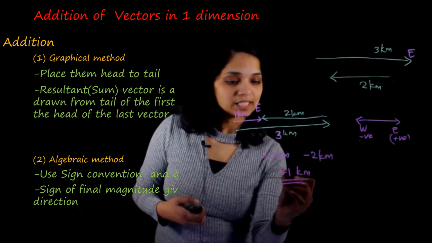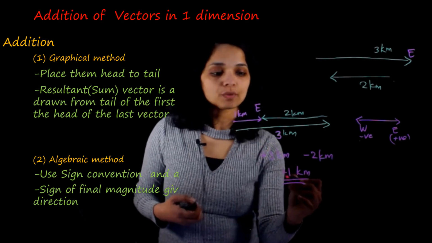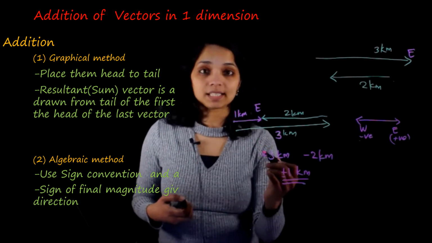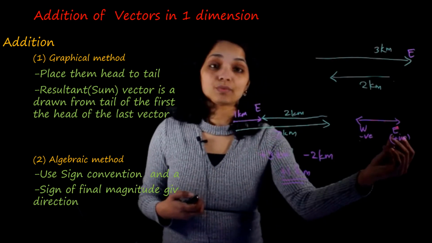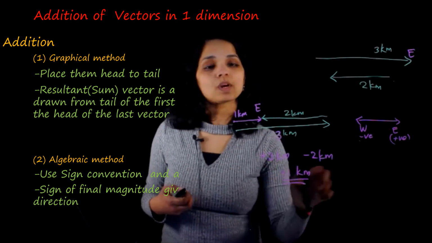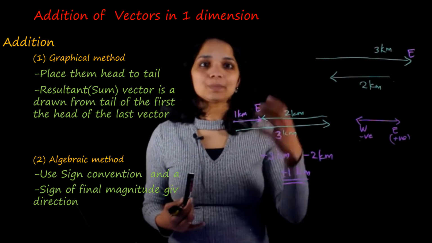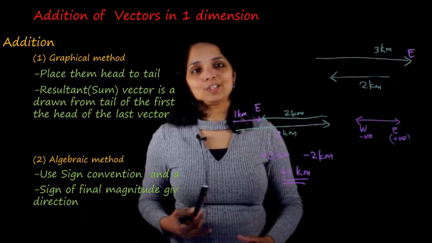This is saying the magnitude of the vector is 1 kilometer, and the plus is giving us the direction. The plus stands for east, so this is telling us 1 kilometer to the east. This is how we add one-dimensional vectors, either by graphical method or by algebraic method.